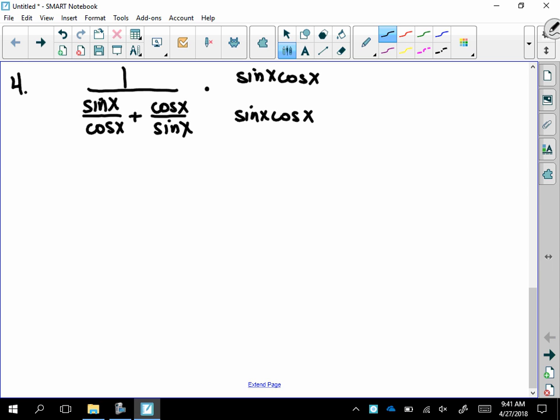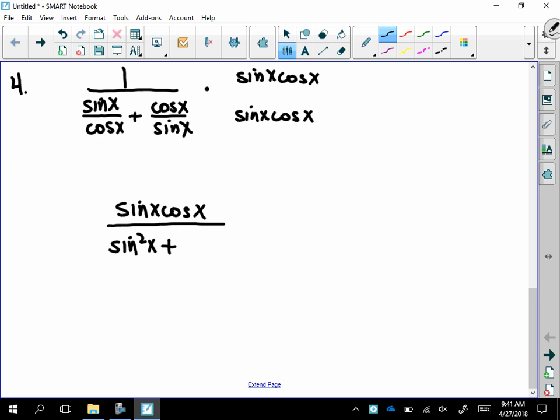So I'm going to multiply 1 times sine cosine. I'm going to multiply sine over cosine times sine cosine. And when I do that, the cosines would cancel, and I'd be left with this sine times this sine, which is sine squared.